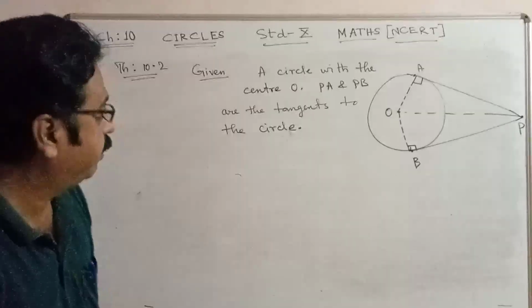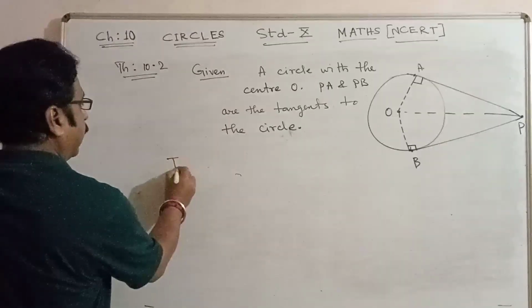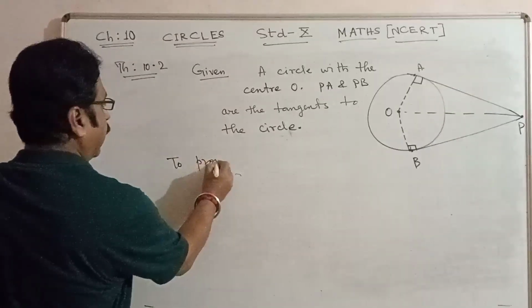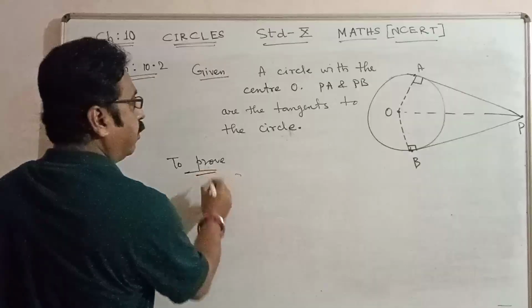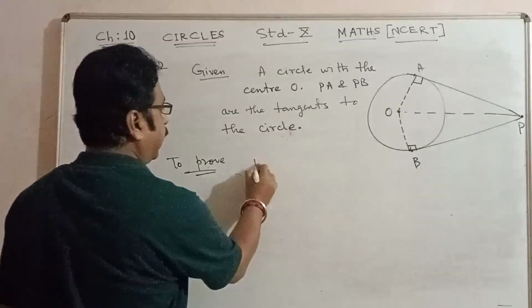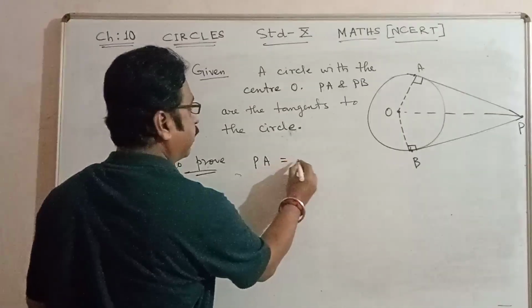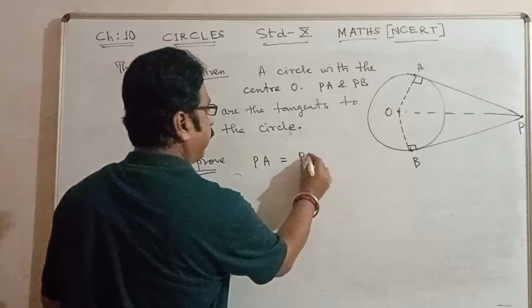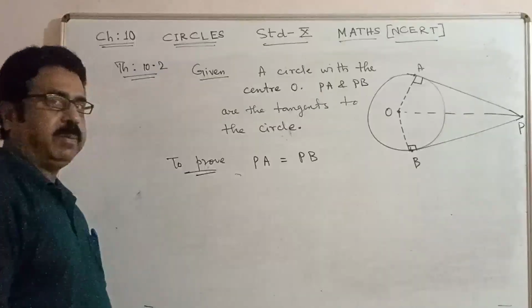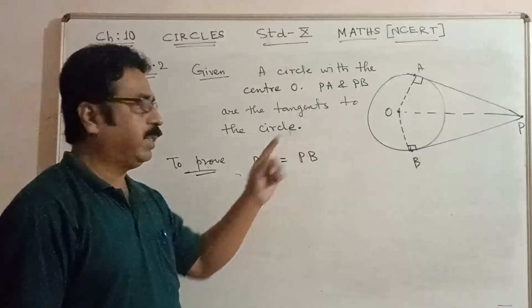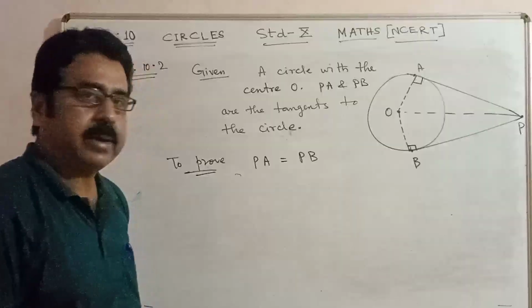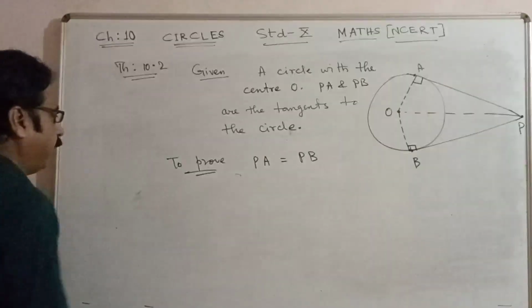We have to prove PA equals to PB. That means the lengths of these tangents are equal. That we have to prove.